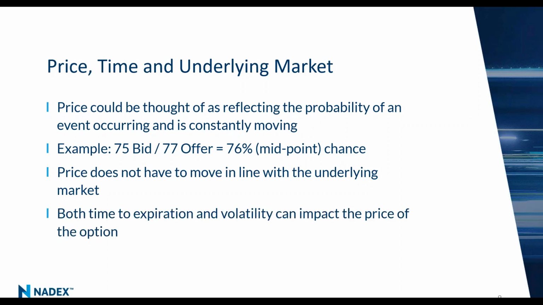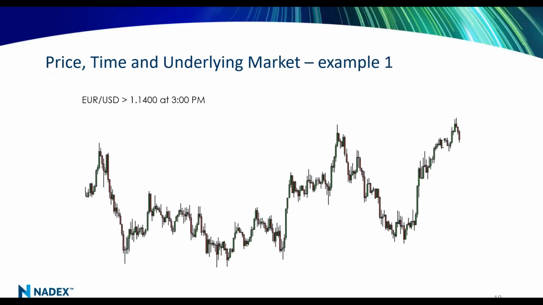But it is important to note that how much time is left and volatility, those two things can impact the price of the binary option, meaning it impacts the probability of that event occurring, of the answer to that being true or false. So I am going to walk through 3 examples right now, one with lots of volatility, and then 2 with very little volatility so that you can get a glimpse.